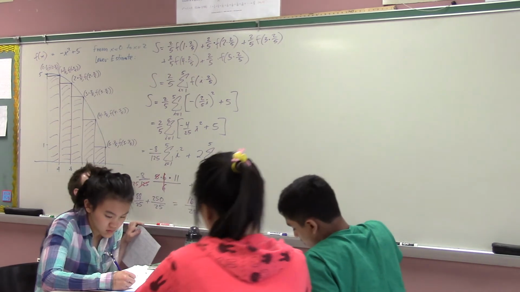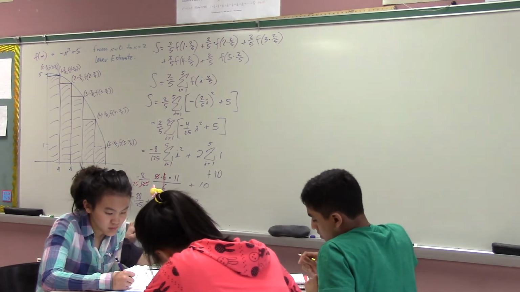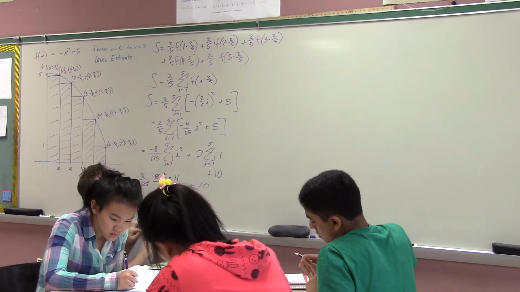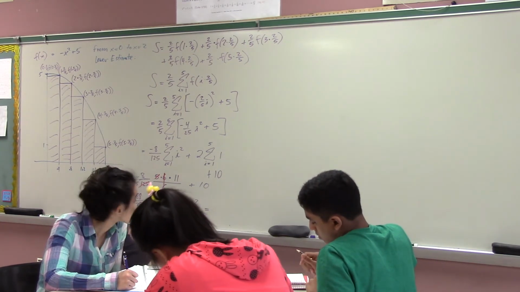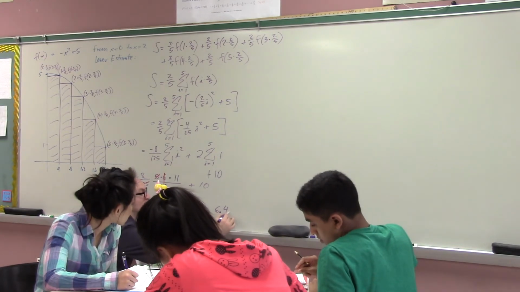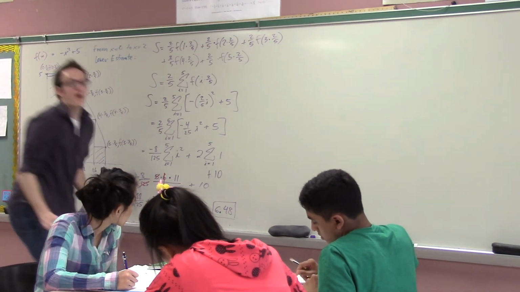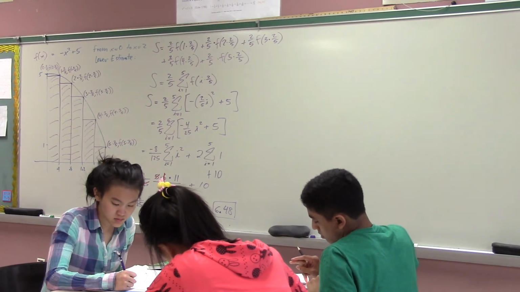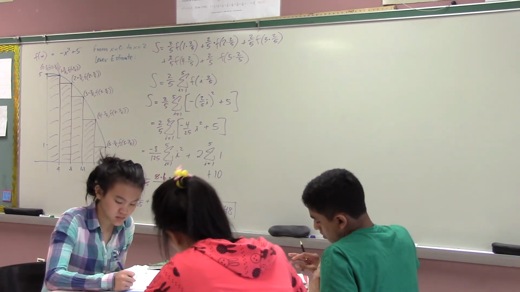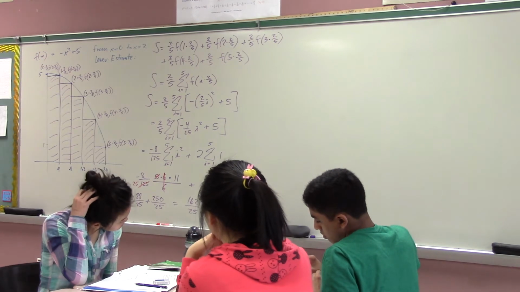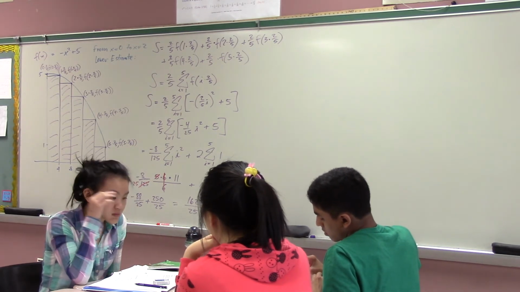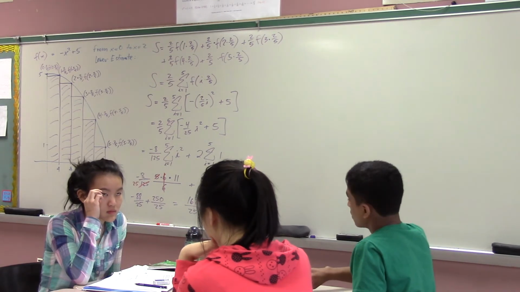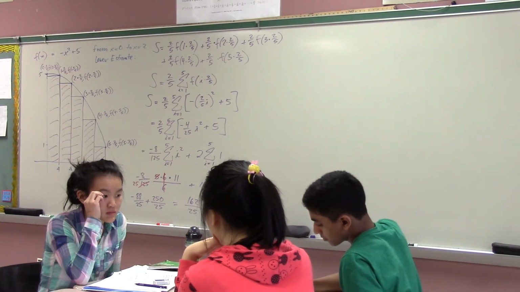Right? 25 goes into 162 6 times, so that's 6 and 12 25ths, which is 6.48. All right. We just calculated that the area under this curve is 6.48 as approximated using a lower estimate. Everybody with me?